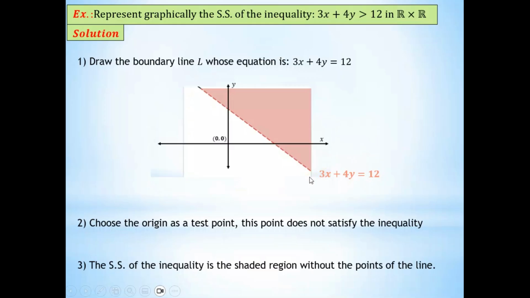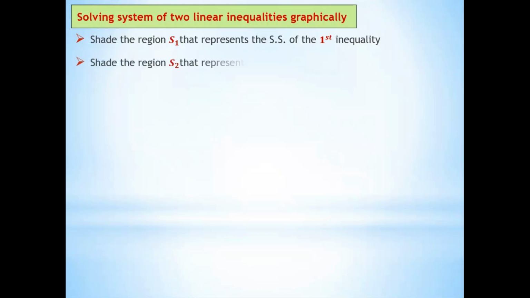Now we will see the solution set for 2 linear inequalities, also graphically. Solving a system of 2 linear inequalities graphically. First, shade the region S1 that represents the solution set of the first inequality. Same thing for the second: shade the region S2 that represents the solution set of the second inequality.